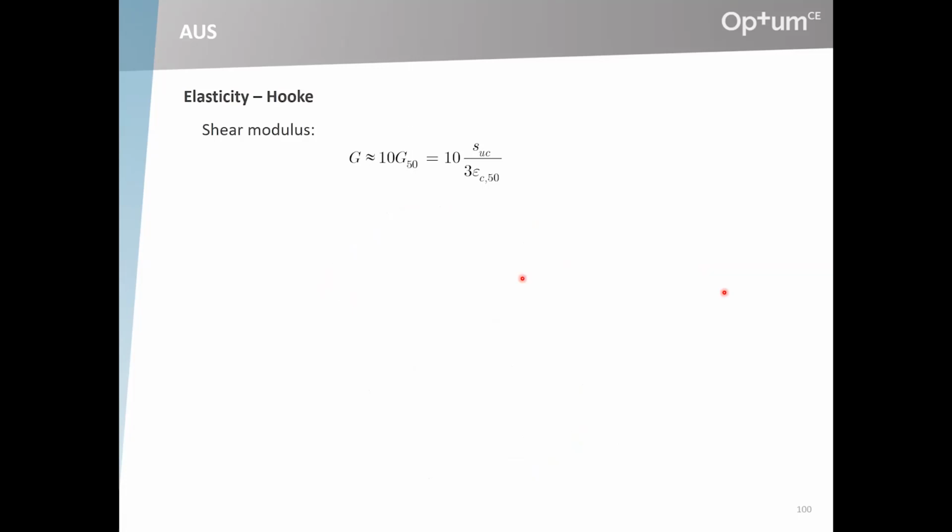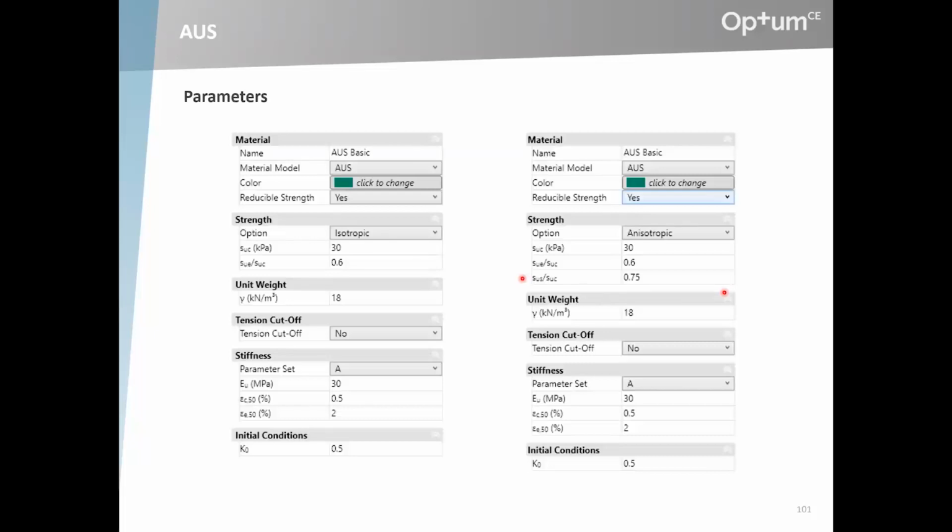So we need an elastic parameter. It's not that important unless you do unloading, and you can take it as some multiple of, say, your G50, which is related to the undrained shear strength and your strain halfway to failure. So that's the model. Again, there's an isotropic and an anisotropic version.